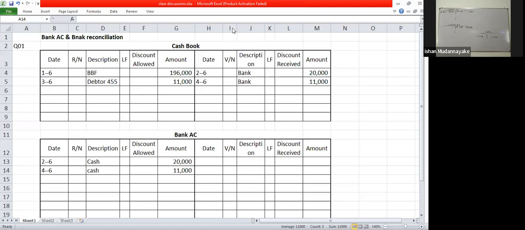Once they collected the 16,000 check for sales, they deposited that check in the bank. Therefore, no need to record the transaction in the cash book.